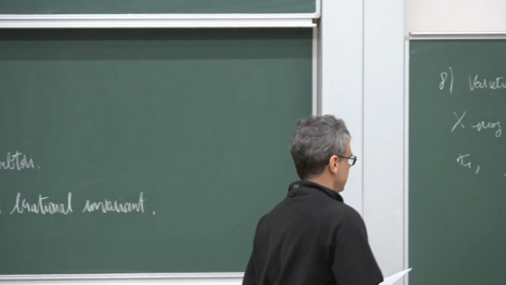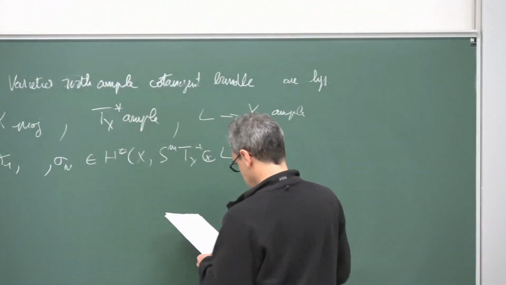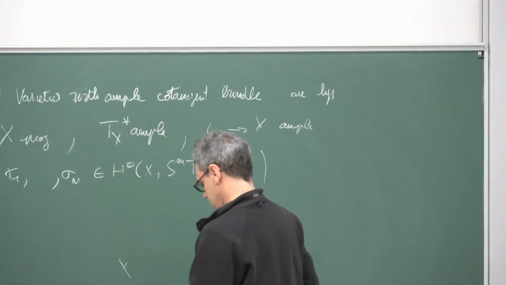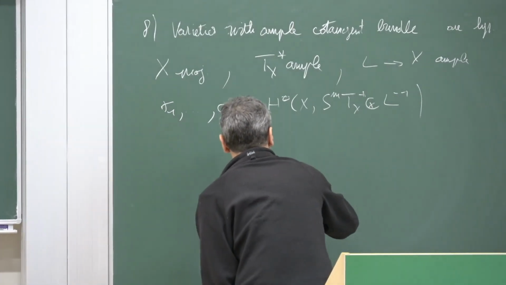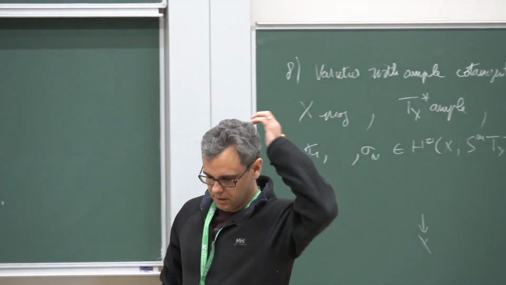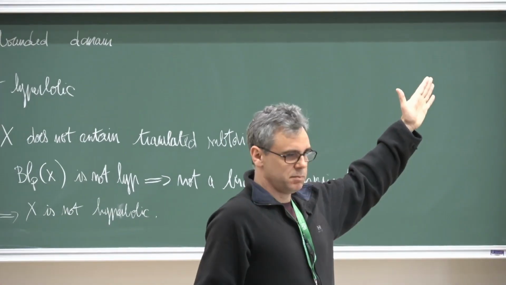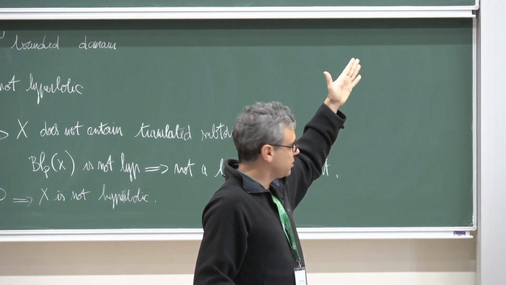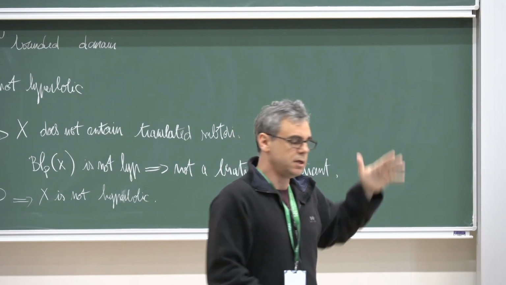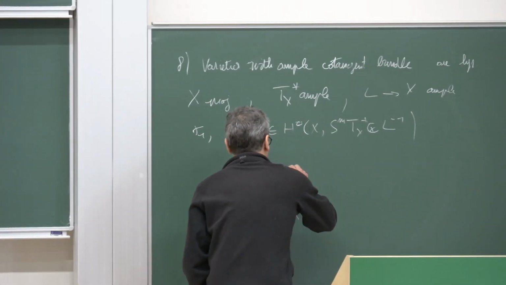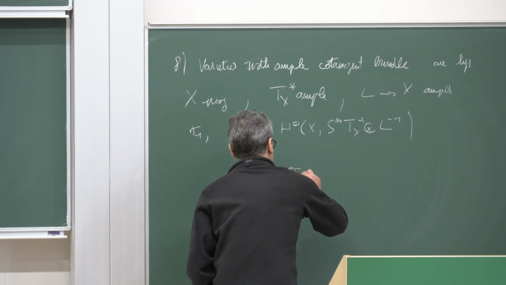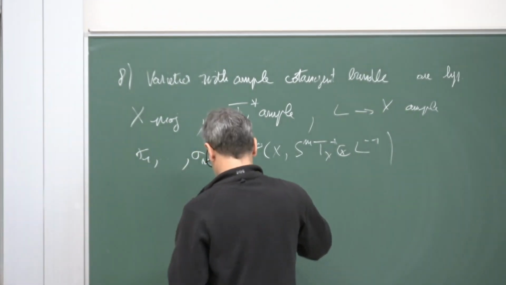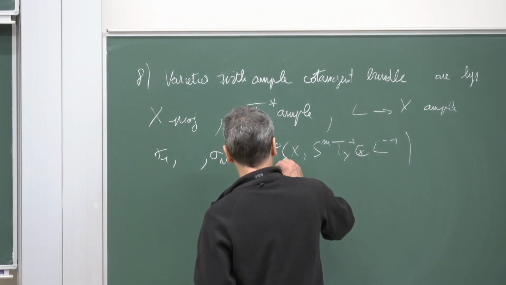Okay, so you can find a section here. So the nice way to see that geometrically is the following. So as we have already seen yesterday, ampleness of the cotangent bundle is defined by the ampleness of the tautological bundle on the projectivized bundle. So here I take the projectivization by lines. So this is a projectivization of TX. And so you have the O(1) here, okay?